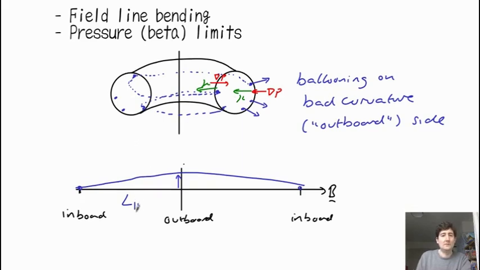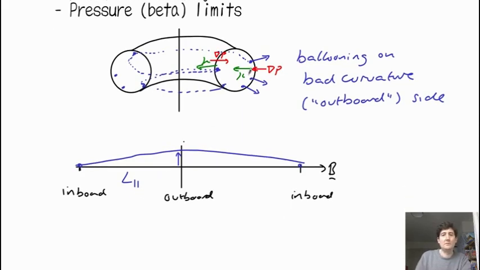The safety factor q is the number of times a field line goes around this way for every one time it goes around here. And so we can say that L parallel is very approximately half of q times the distance around the torus, since we're going halfway around from the inside to the outside.